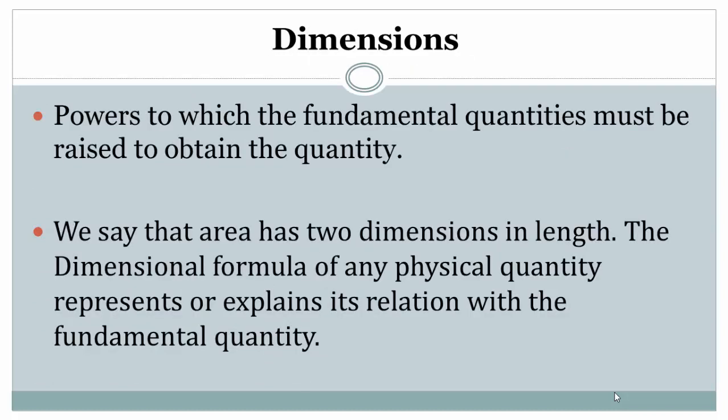The main concept of this chapter is dimension. So what is dimension? What are dimensions? These are the powers to which the fundamental quantities must be raised to obtain the quantity.